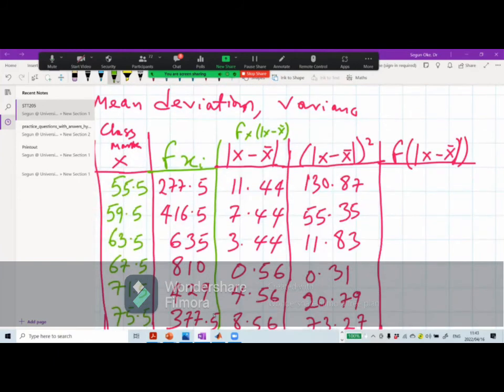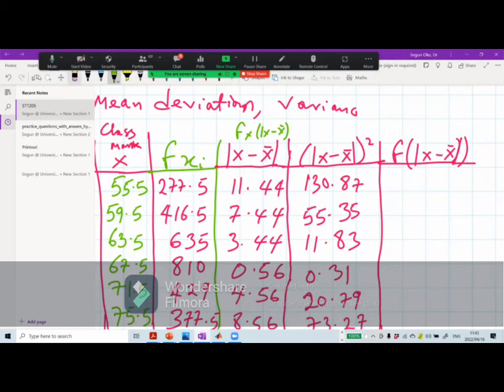Okay, what is our first F? That's 5. 5 multiplied by 11.44. Okay, solve it.